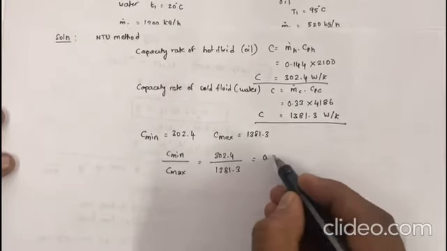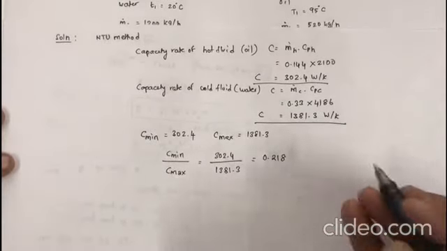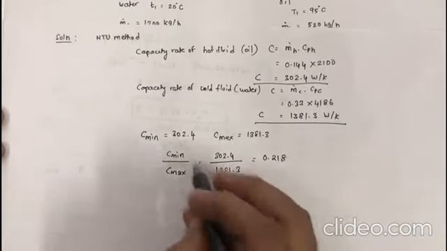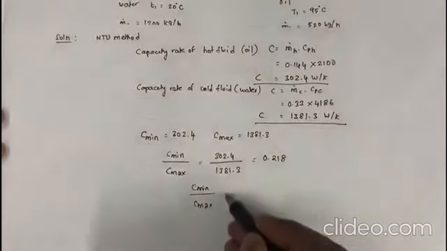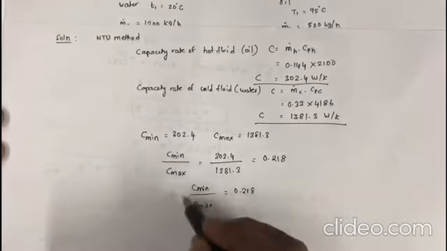This will give you a value of 0.218. So C min by C max is 0.218.